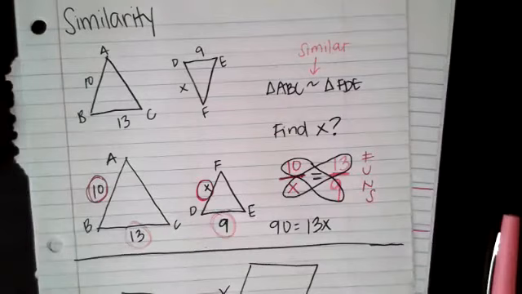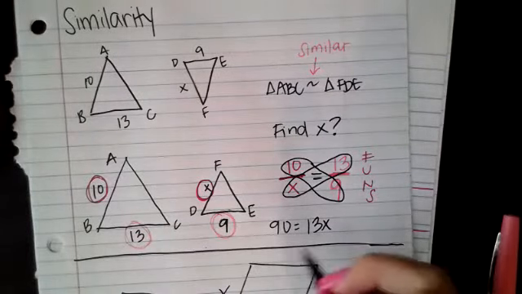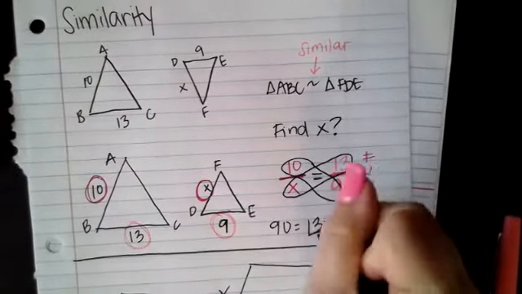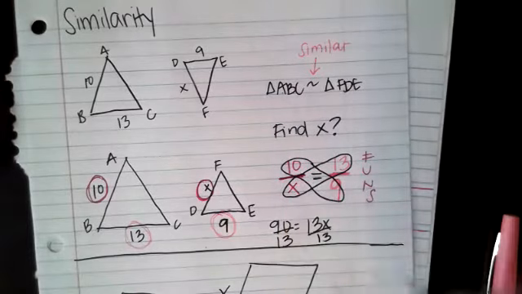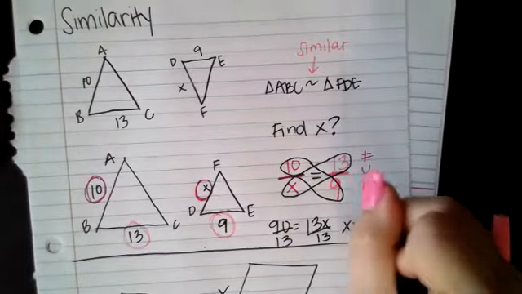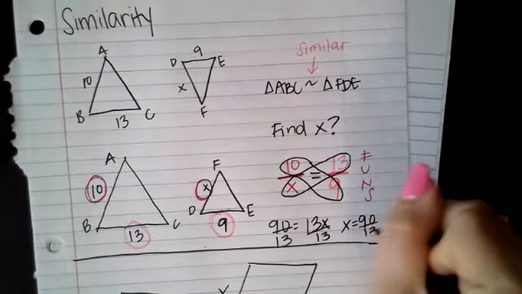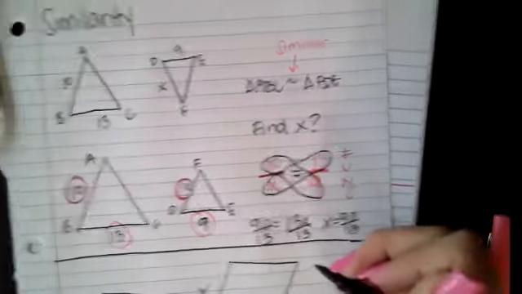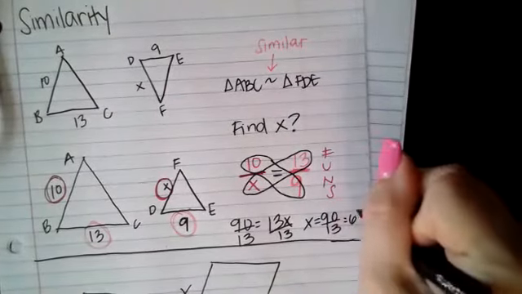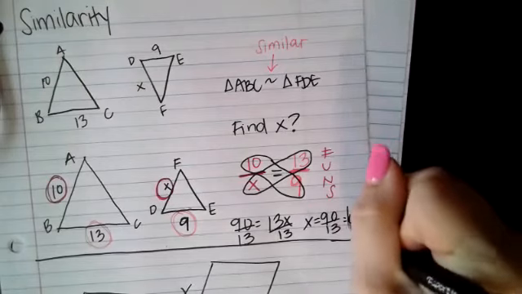And so I'm going to use the division property of equality to solve. So x is equal to 90 over 13. If we want to put it as a mixed number, that's going to be 6 and 12 13ths.